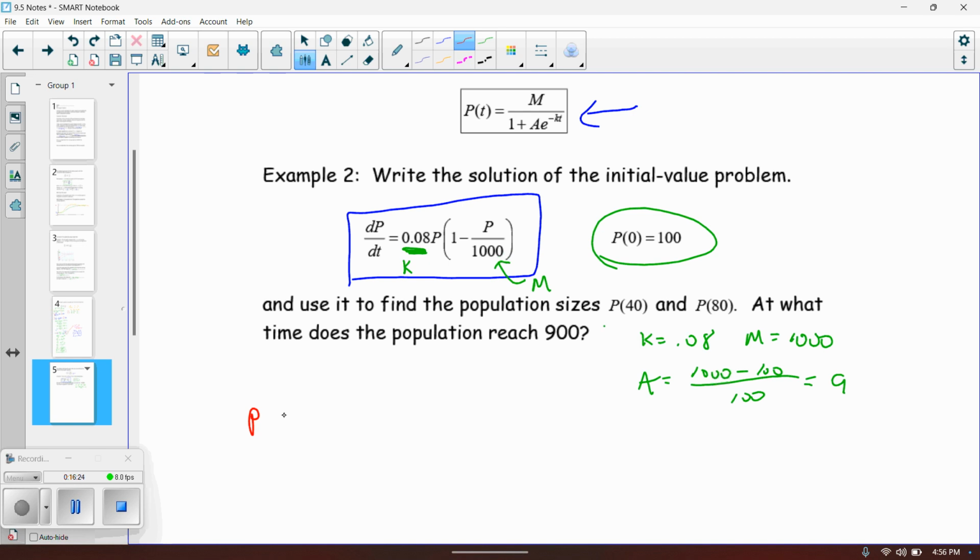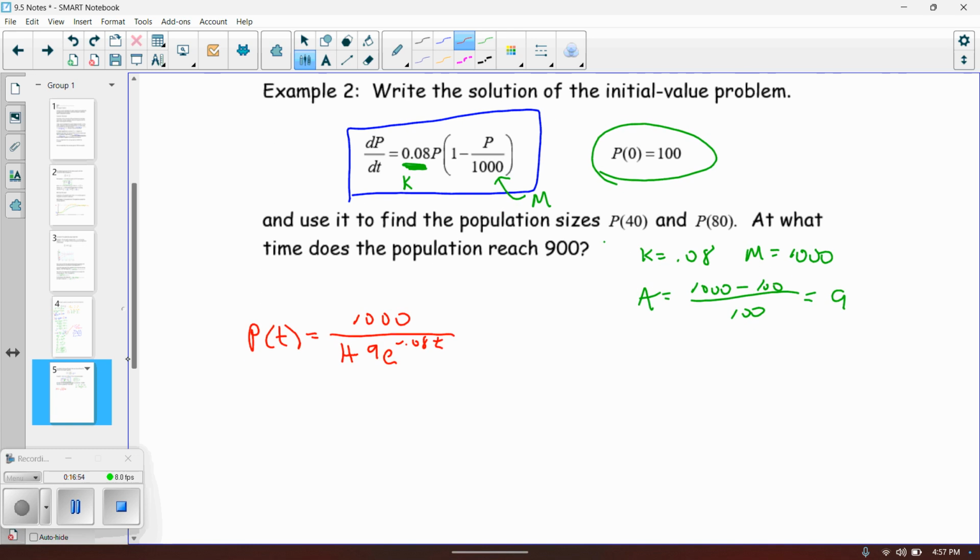The population at any time t is going to be, according to our model, the carrying capacity on top, divided by 1 plus the A value, which is 9, e to the negative k, so that's going to be negative 0.08 t. There is our population equation based upon the differential equation that was given to us.